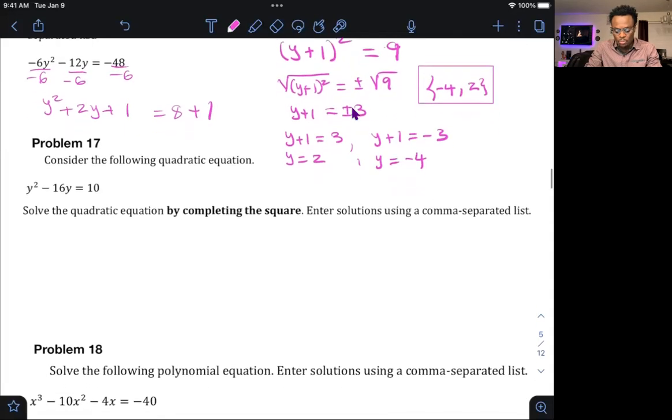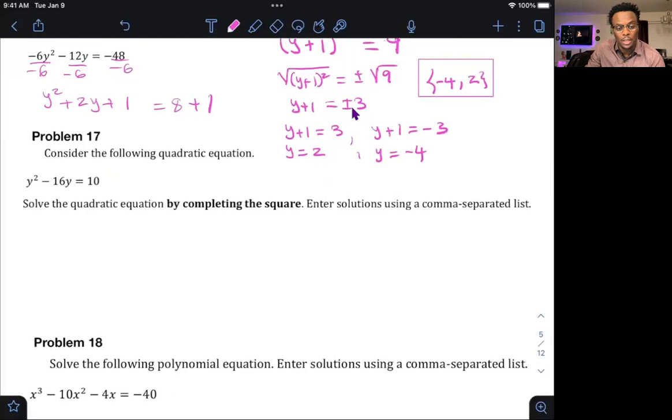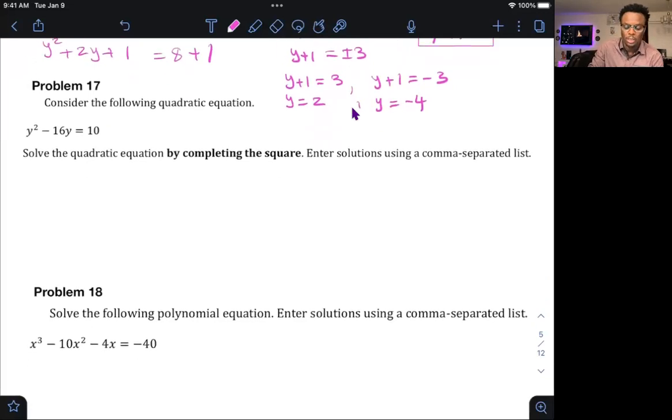The next problem requires you to do the same thing, and the constant is already on the other side. Also, the coefficient of y squared is 1. So things are easy for us. All we want to do is to find the third term that completes the square.